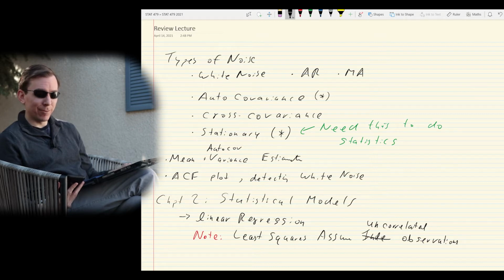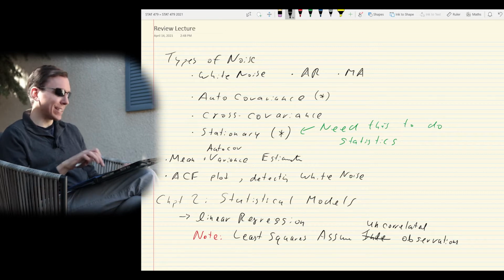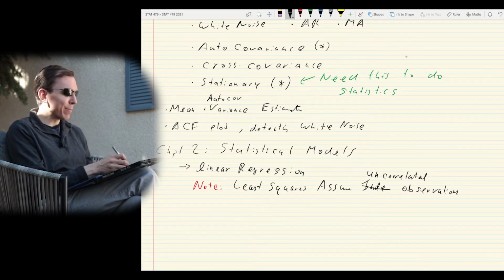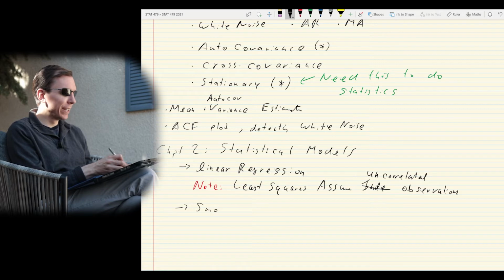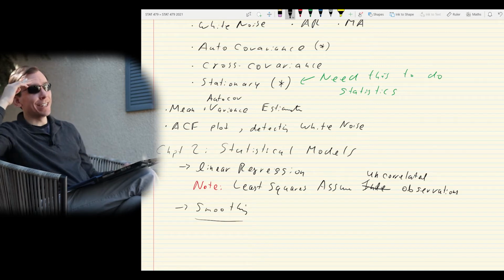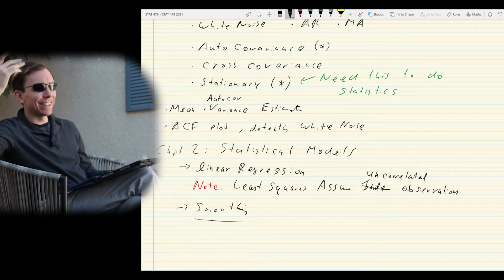But we can do a lot more. Oh yeah, there's one other extra bonus section that I include in chapter 2, which is the idea of smoothing. Smoothing is good stuff. Now, it's very much a qualitative topic in the sense that there's never a right way to smooth or a proper amount to smooth your data.